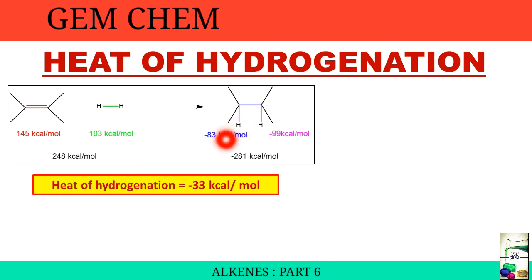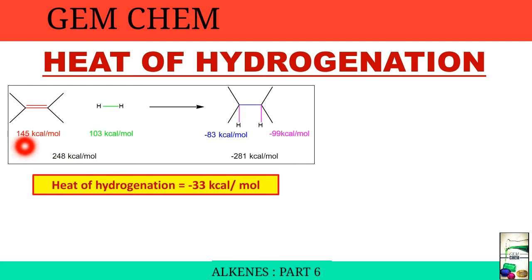And for the bonds formed, since there is bond formation, there is release of energy, so the energy will be negative. For the carbon-carbon single bond it is minus 83 kilocalorie per mole, and for one carbon-hydrogen bond formation it is minus 99 kilocalorie per mole.